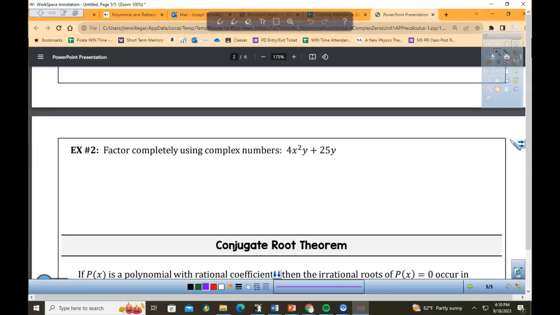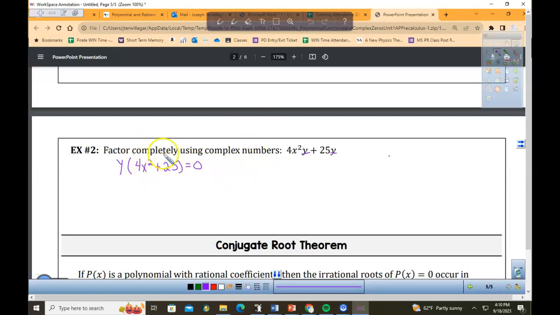Well, first thing I got to do is what do these both have in common? Well, they both have a y. So I'm going to pull out a y, right? y times 4x squared plus 25. Uh-oh, mamma mia, I can't factor this one again.